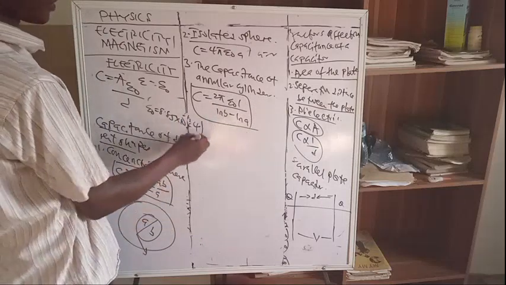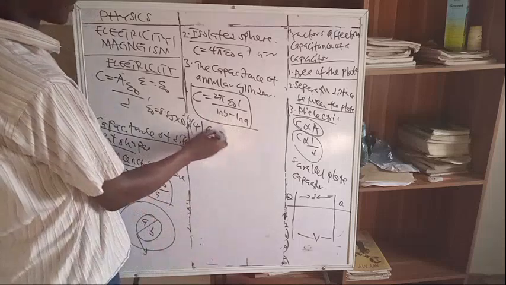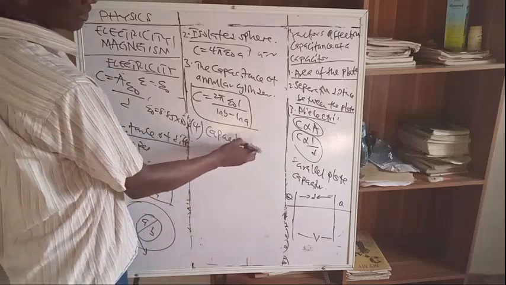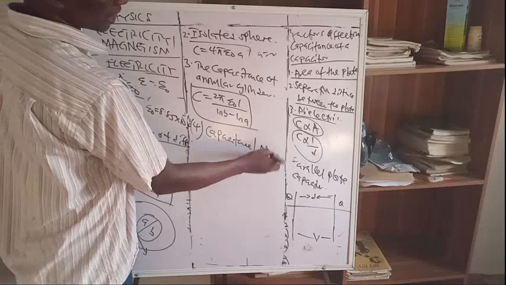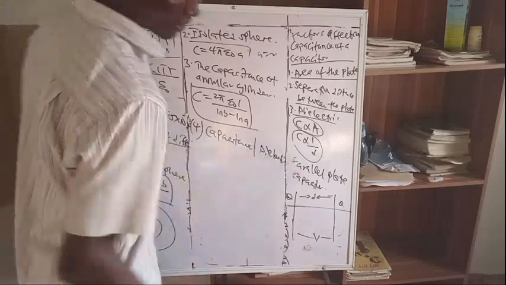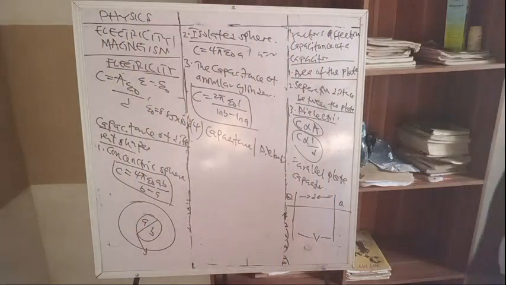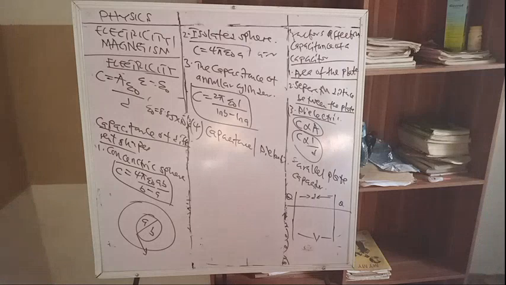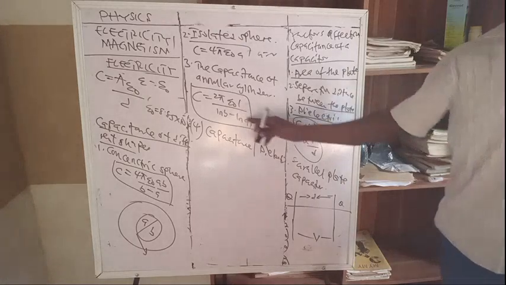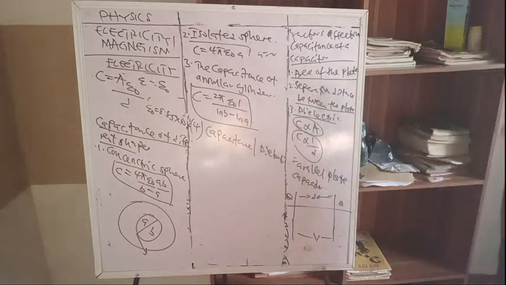Then number 4 is the capacitance with a dielectric. I told us that a dielectric is the nature of material that separates the two plates. Of course, A and B are the internal and external radius, so A is internal, then B is external. So what is the capacitance with a dielectric? It's very easy.